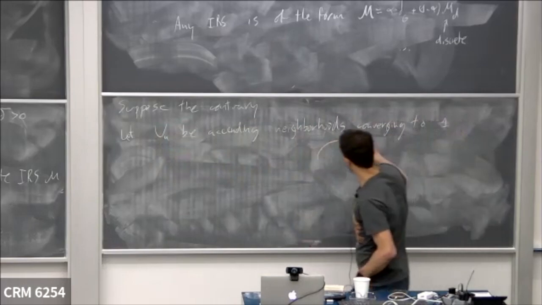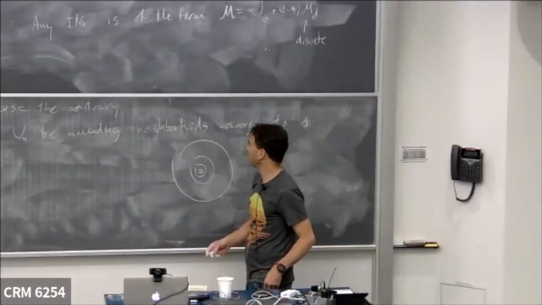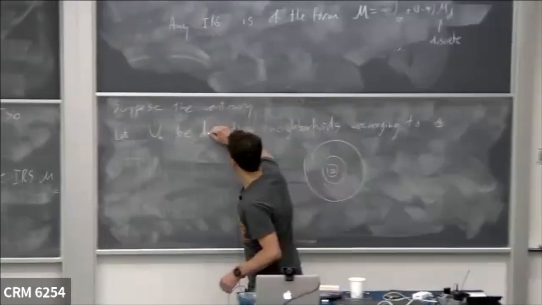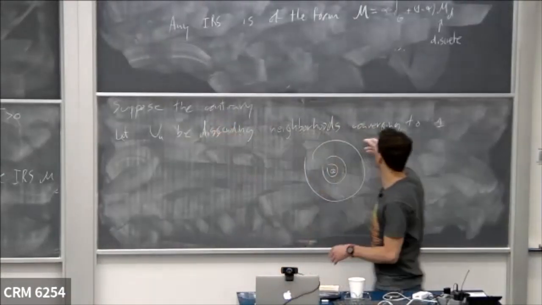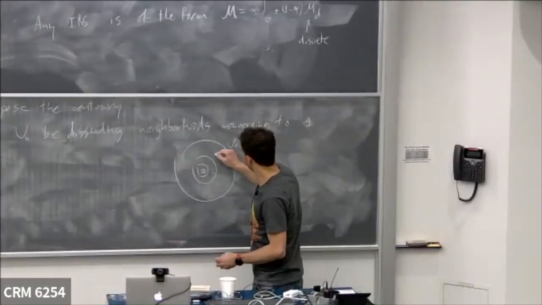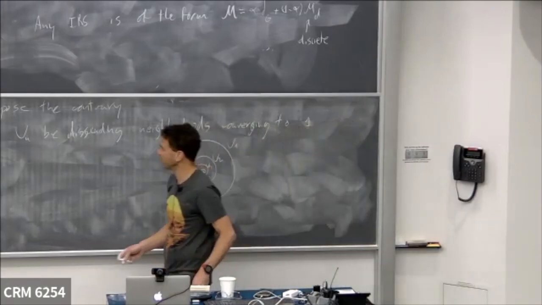We look inside G at smaller and smaller neighborhoods such that the intersection is just the identity: U_1, U_2, U_3, and so on, relatively compact and converging to the identity.